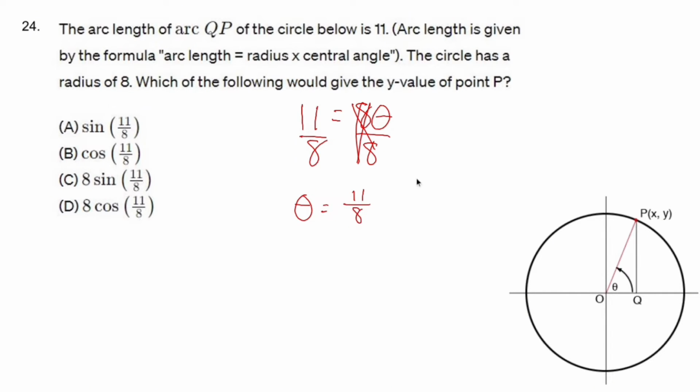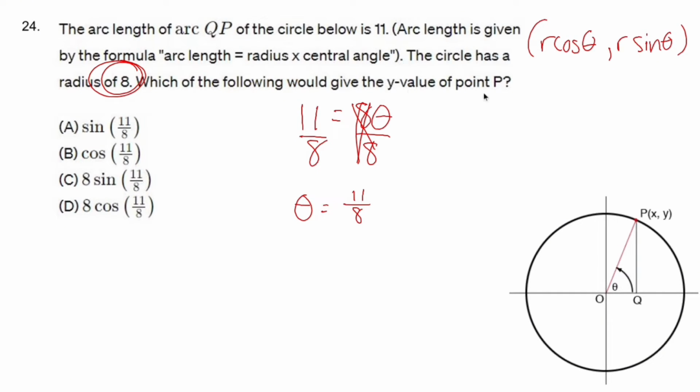Well, that's nice. We have the theta part. Now what we have to do is give the y value of point P. Since we have a radius of 8, we are not just doing regular cos theta, regular sine theta. This is not the unit circle. This has a radius of 8, so we have to throw the r there.